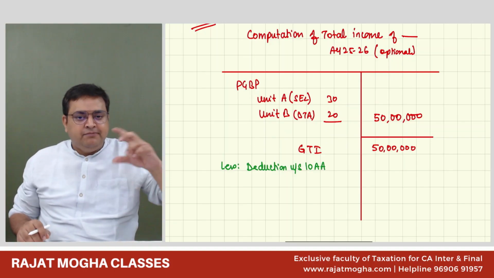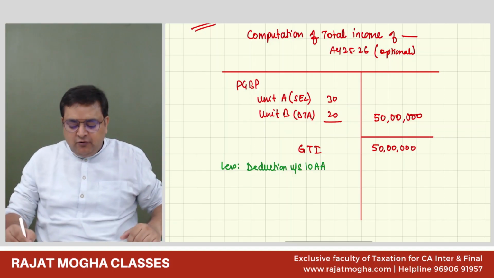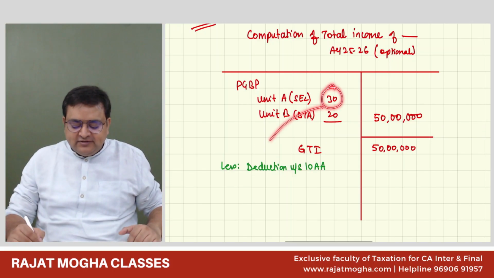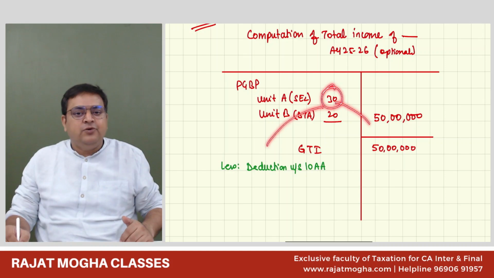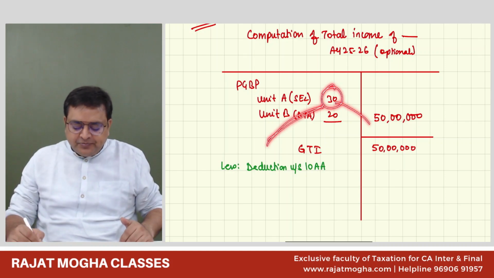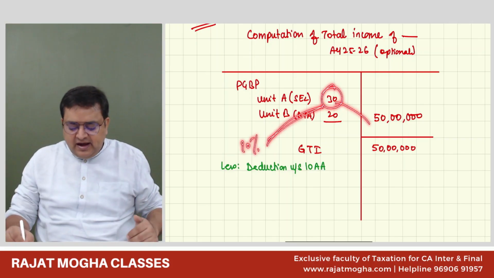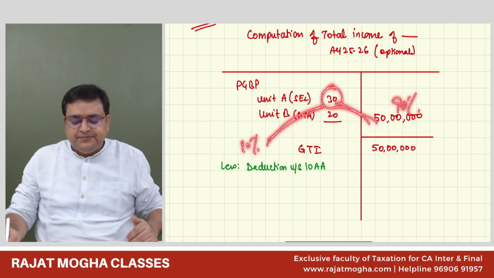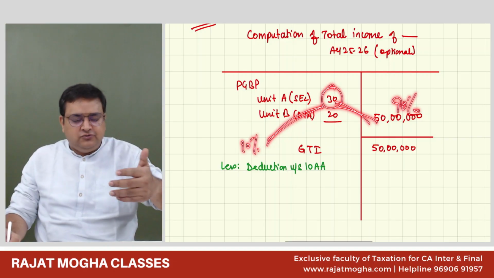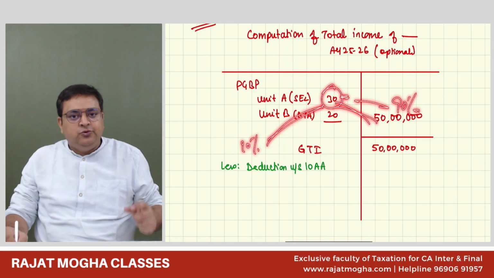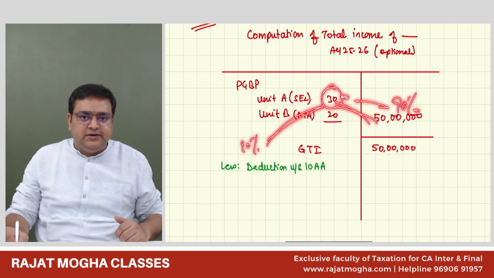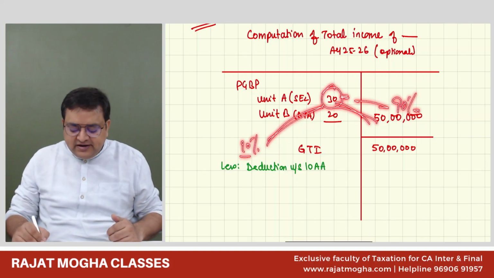We will take the proportionate amount: out of this 30 lakh, how much was related to domestic sales and how much to export sales? If 10% of the sales are domestic sales and 90% are through export, outside India, then out of this 30 lakh, 90%, 27 lakh, should be the deduction. So how do we compute this 10% or 90%?